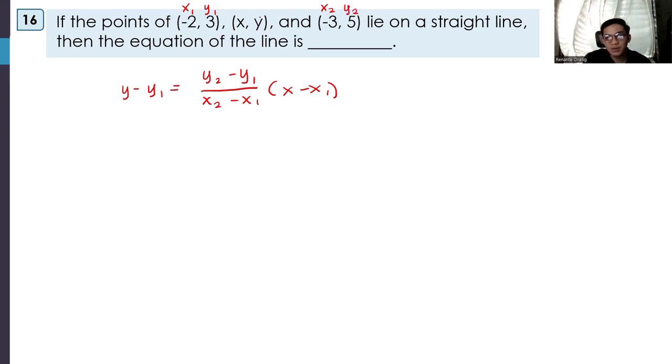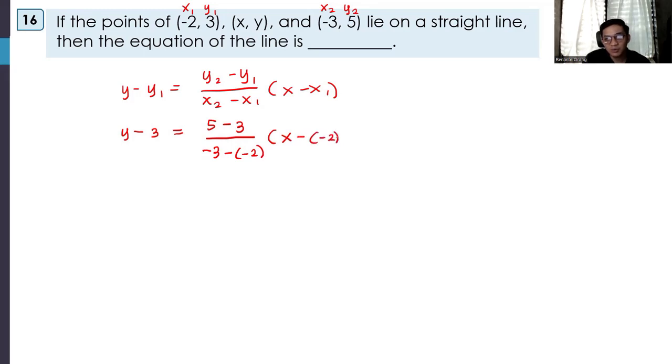So, eto, hindi natin yan siya magagamit. So, substitute natin, y minus 3 is equivalent to 5 minus 3 divided by negative 3 minus negative 2 multiplied by x minus negative 2.